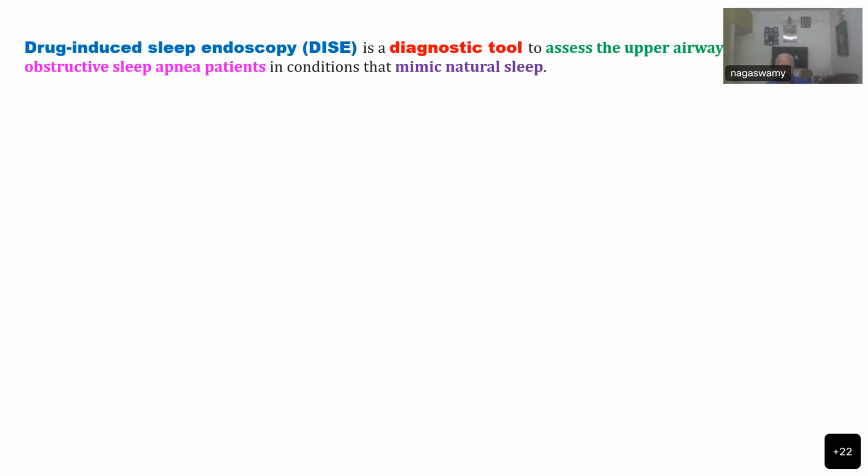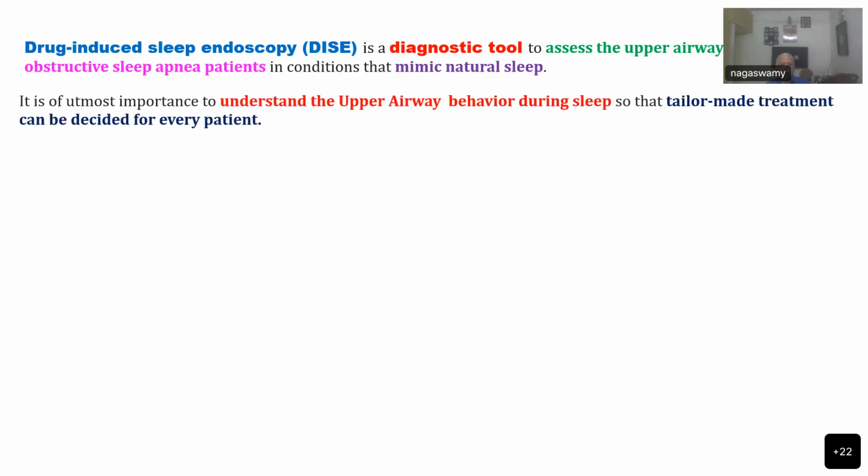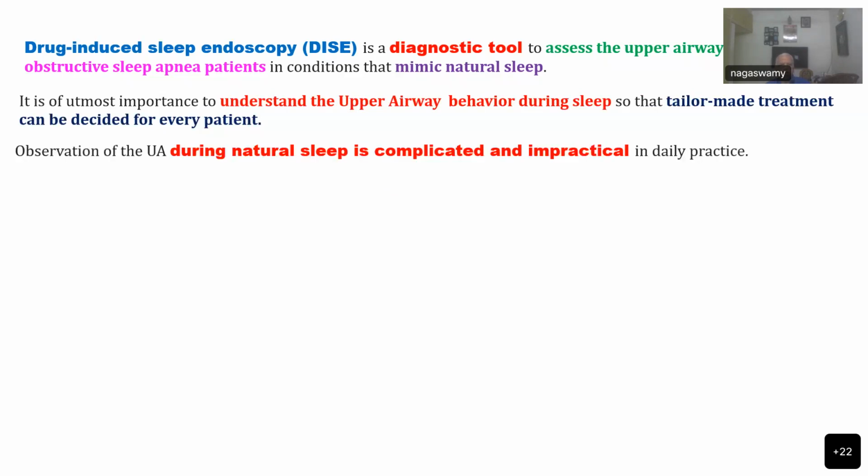Here we are artificially inducing sleep in the patient so that we bring the same scenario like a normal sleep pattern. So it is of the utmost importance to understand the upper airway behavior during sleep so that we can plan the treatment for individual patients depending upon the severity of the obstruction.